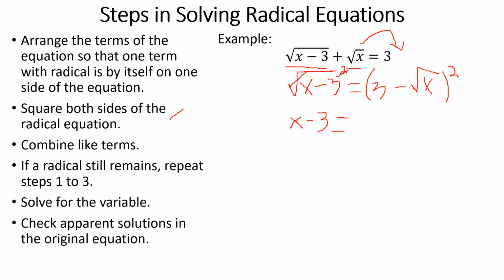So, FOIL method po ang gagamitin natin dito. 9 minus 6 square root of x plus square root of x squared. Okay? Magka-cancel po yan. So, ang maiiwan lang po dyan ay x.